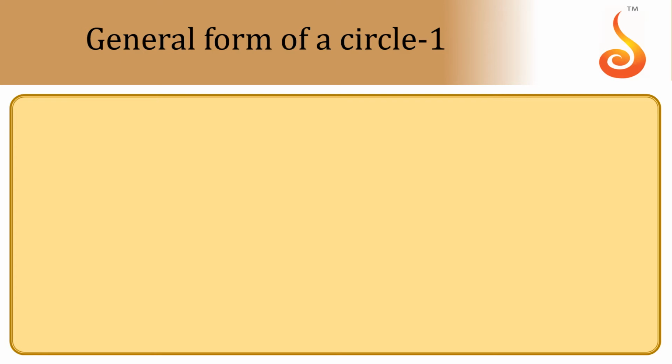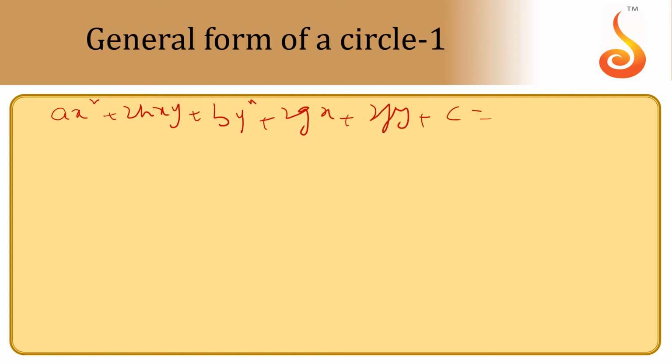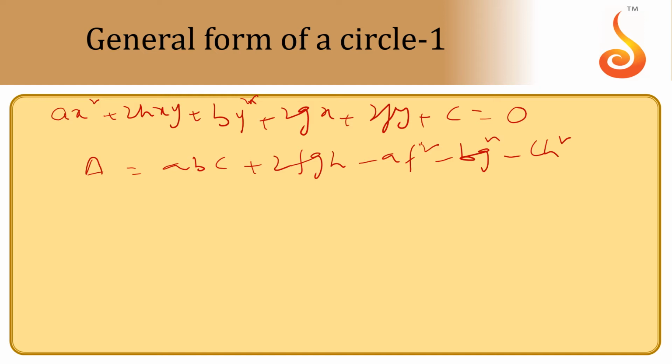Now let us discuss the general form of a circle. So actually you know that ax square plus 2hxy plus by square plus 2gx plus 2fy plus c equals 0 is a second degree non-homogeneous equation in x and y. Its discriminant is abc plus 2fgh minus af square minus bg square minus ch square.